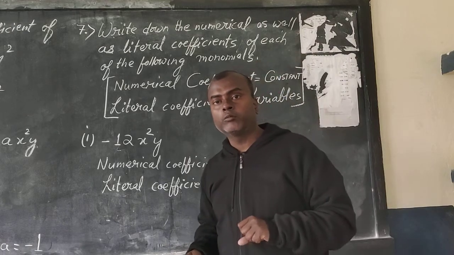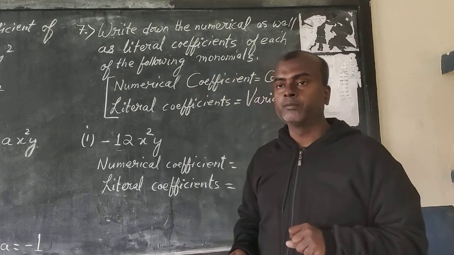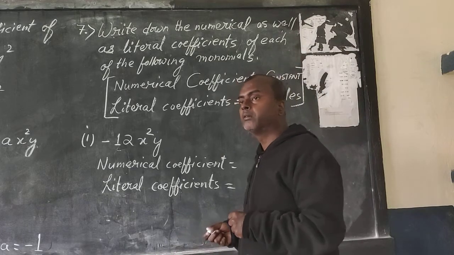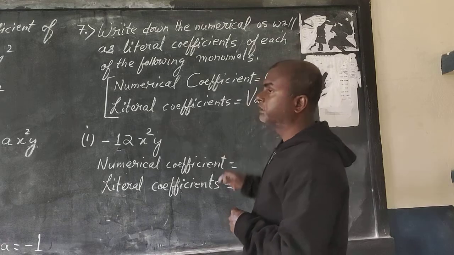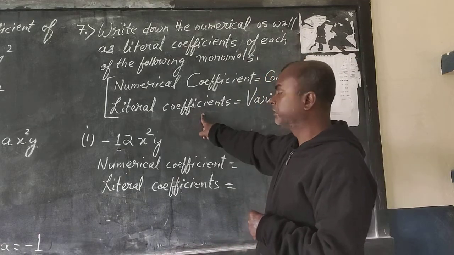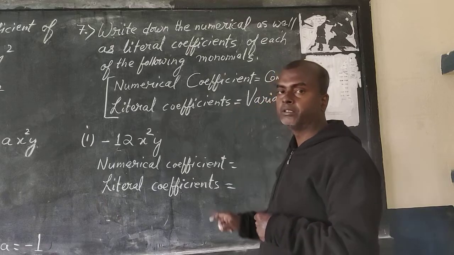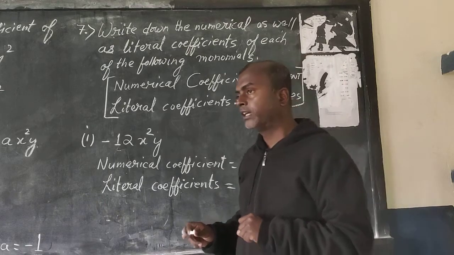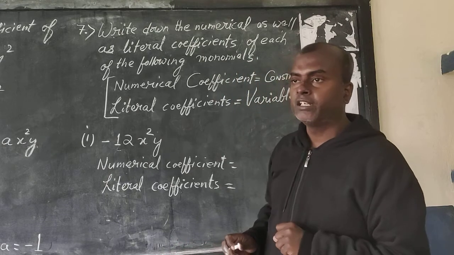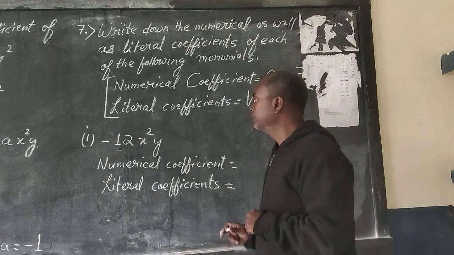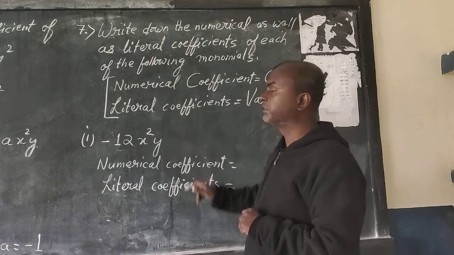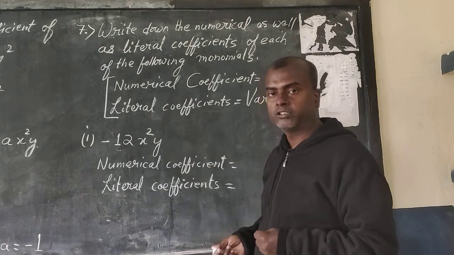The signs along with the numbers also have to be included. If any number has a negative sign, then that negative sign also will come into the numerical coefficient. Literal coefficients are actually the variables, the English alphabets from A to Z, any letters that are there. The other name for literal coefficients is simply literals.